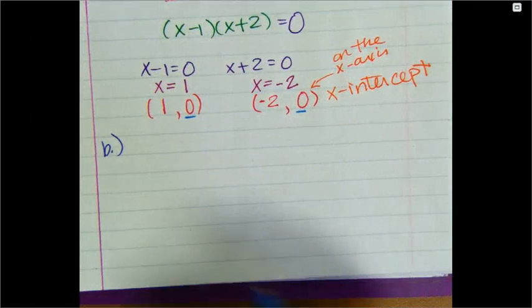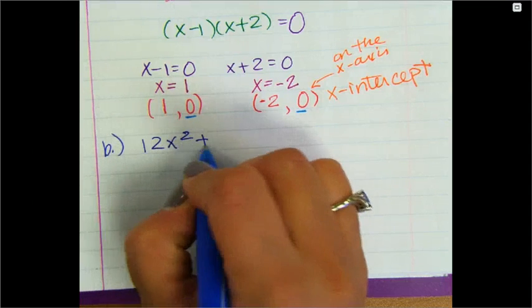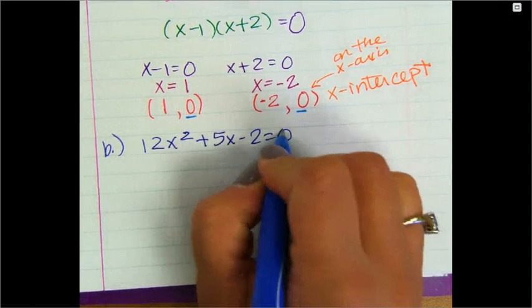Go to letter B. 12x squared plus 5x minus 2 equals 0.